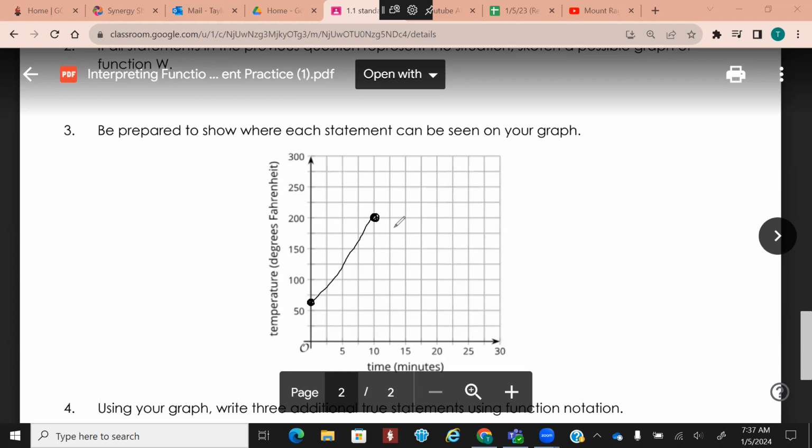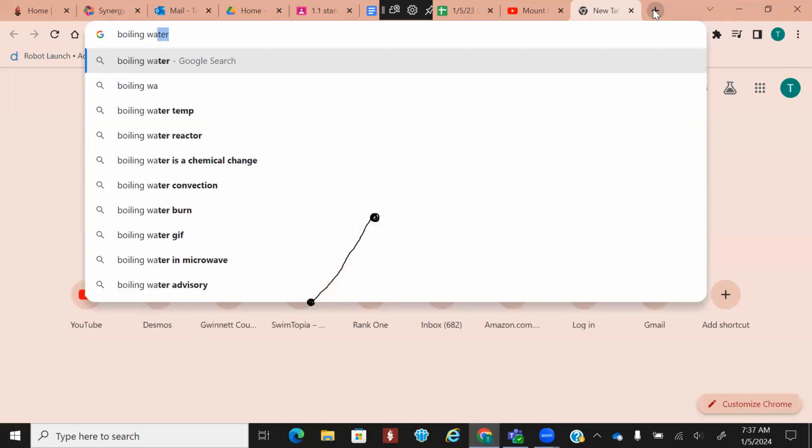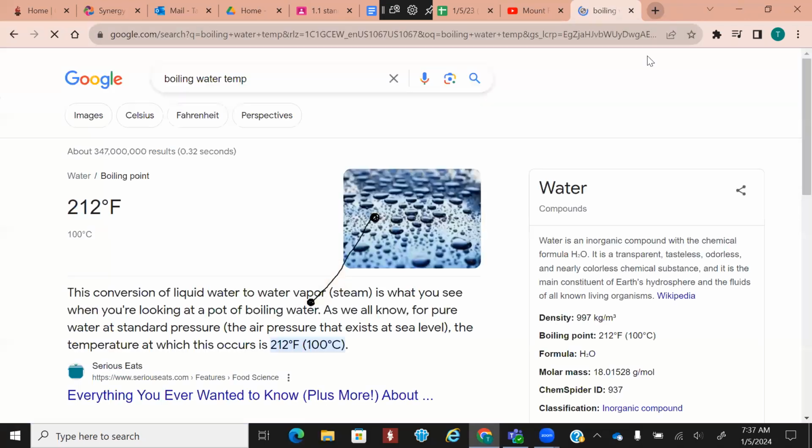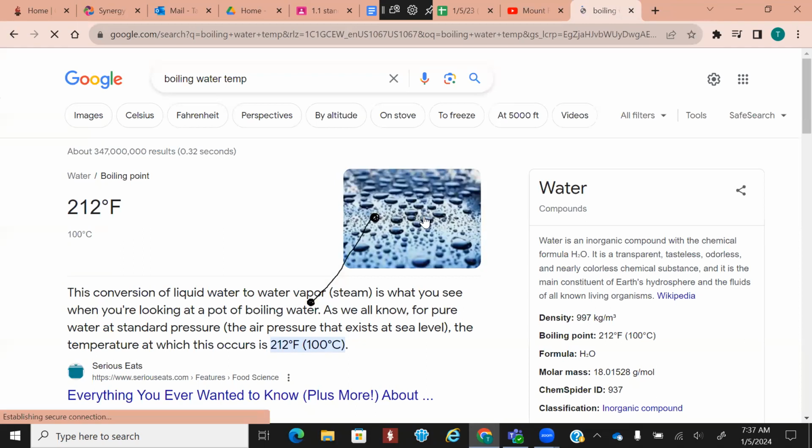Does anybody know what the temperature of boiling water is? Boiling water temp. 212. And what's our whole goal? We want water to boil. So it's going to get to 212, and then it's going to stay at 212.